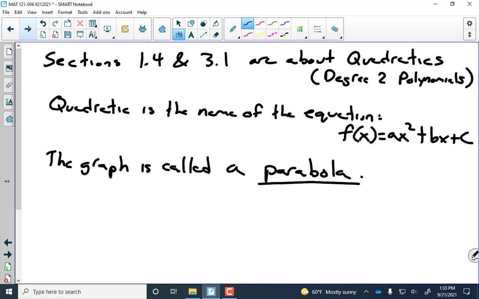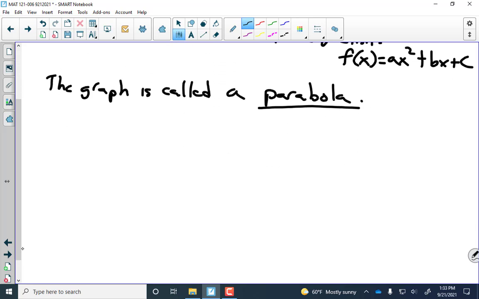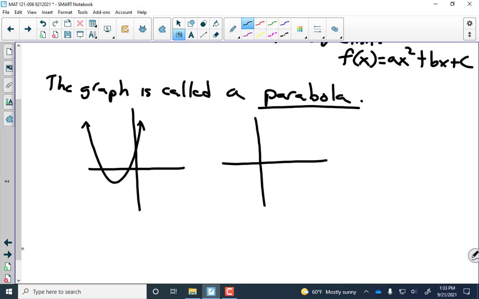And what is a parabola? Well, a parabola looks like this. Or a parabola might look like this. These are both parabolas, and every quadratic has a graph that's called a parabola. And I'll tell you something about parabolas, everyone.